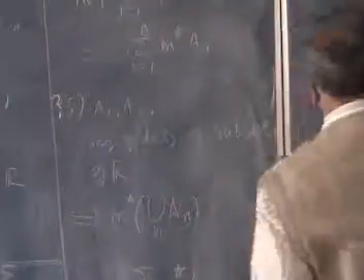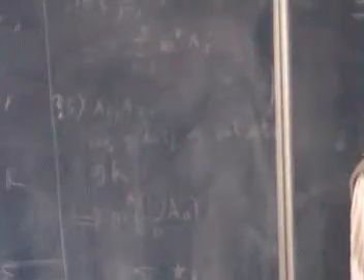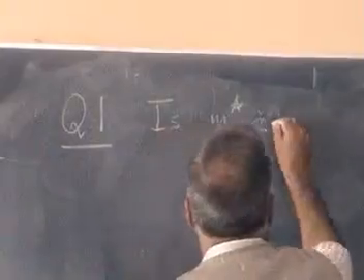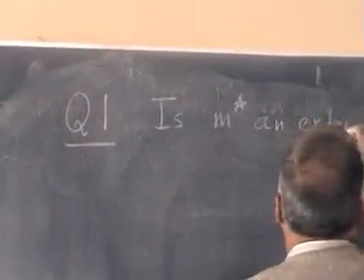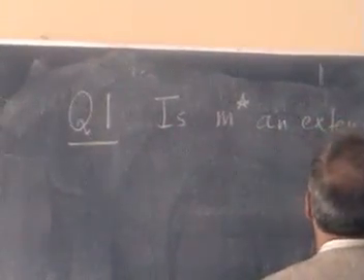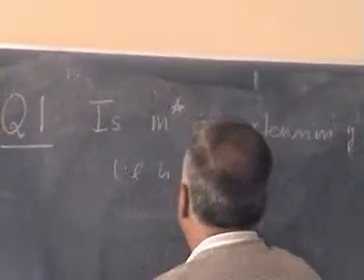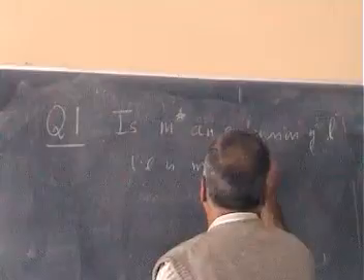Now it turns out, therefore: 1, is M* an extension of M? That is, is M*(I) equal to the length of I?